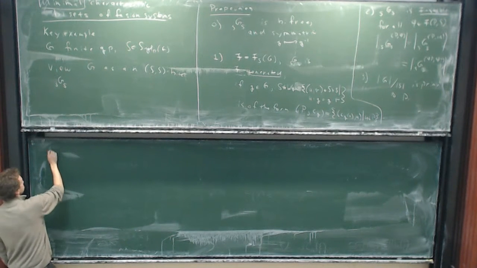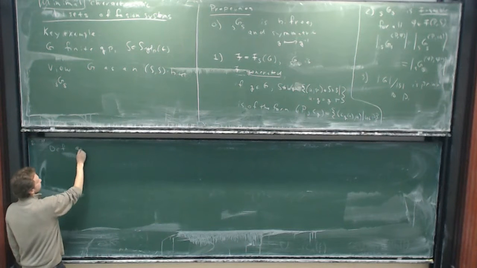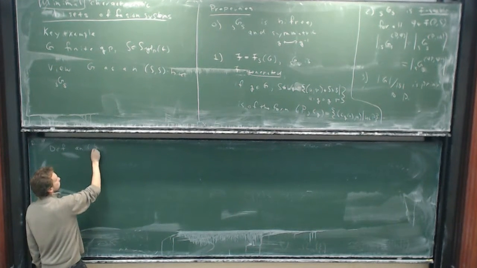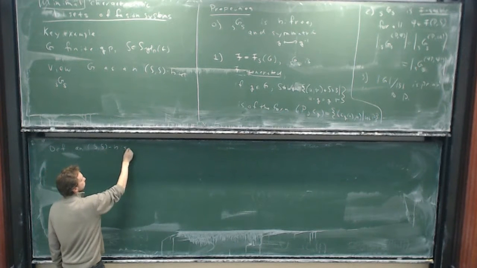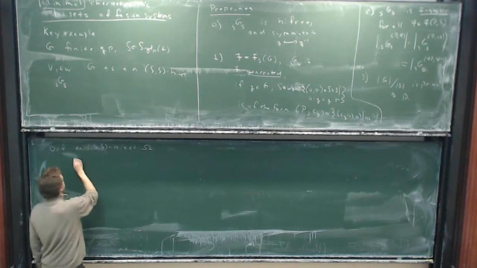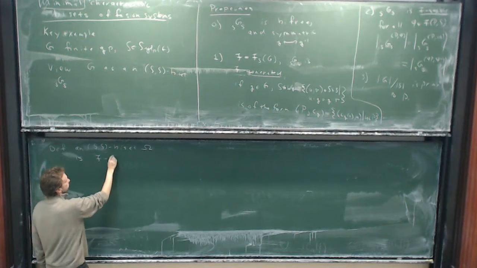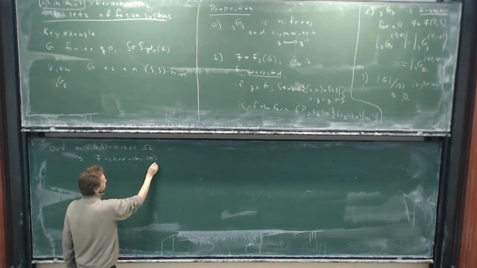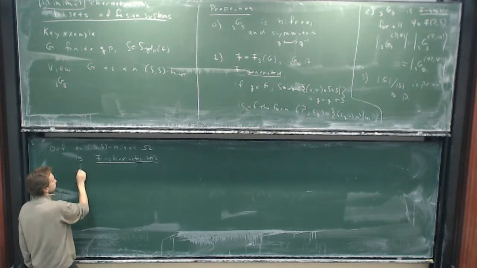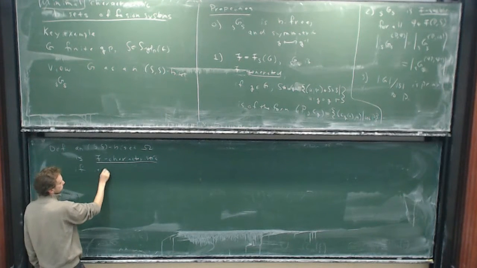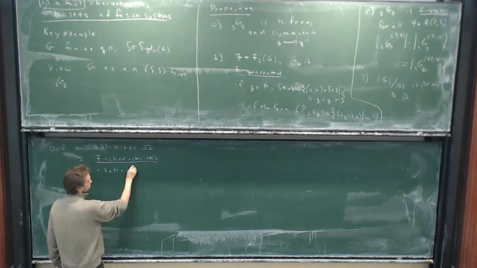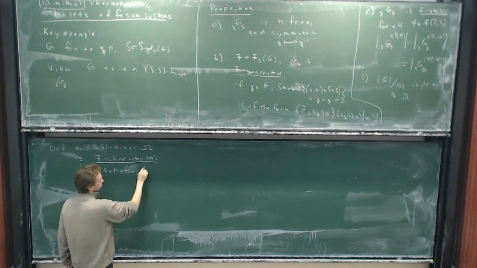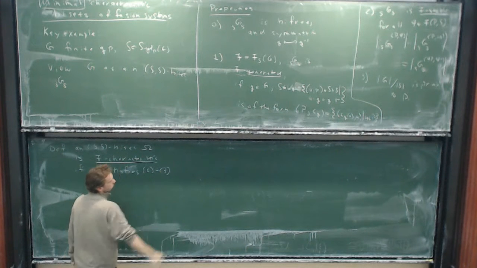So we say definition: an S-S biset omega is F-characteristic if it satisfies 0 through 3.